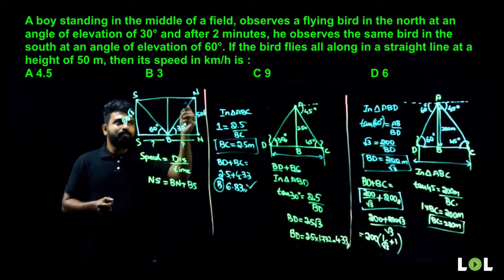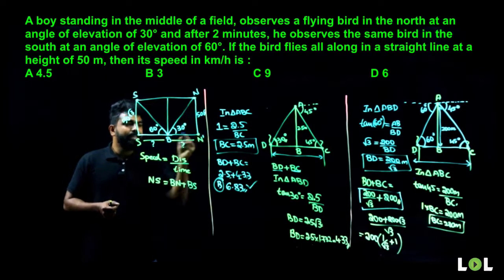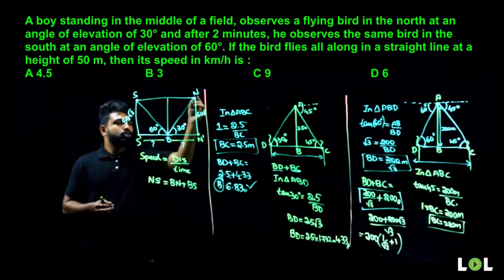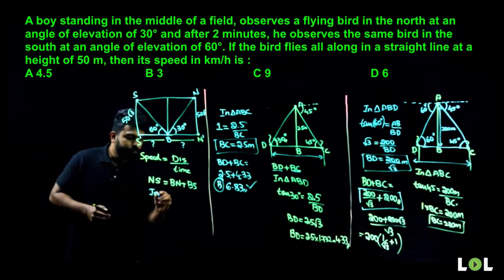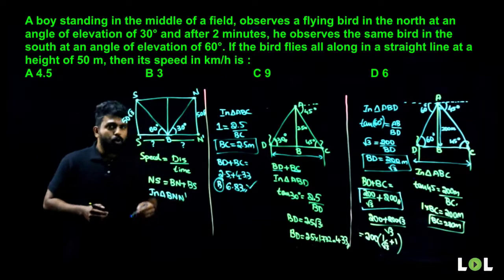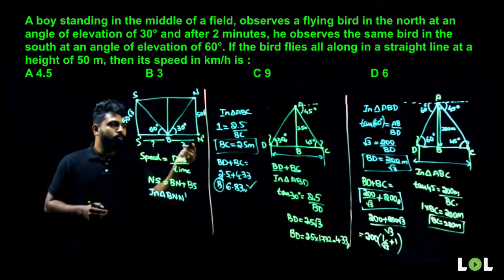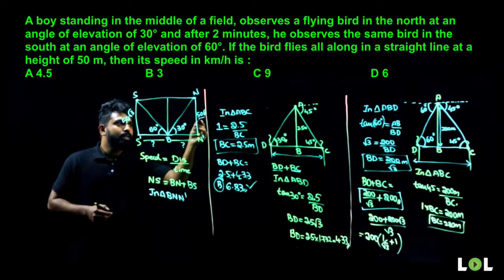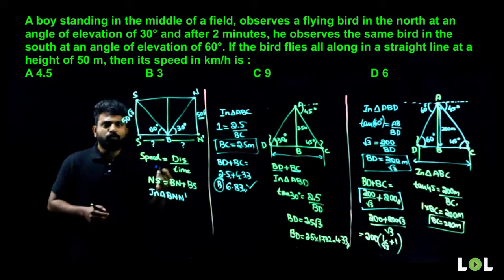So for that, first I'll consider the triangle BNN', or I'll take these points as N' and S'. So in triangle BNN', what is the value that we need to find out? We need to find out BN'. So what do we know? We know NN' is equal to 50 root 3.